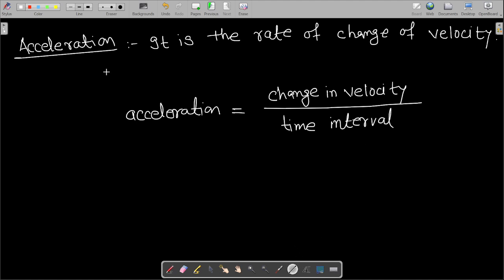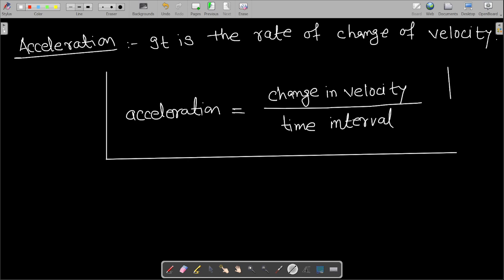This is acceleration, that is how the velocity is changing with respect to time. Change in velocity with time interval.